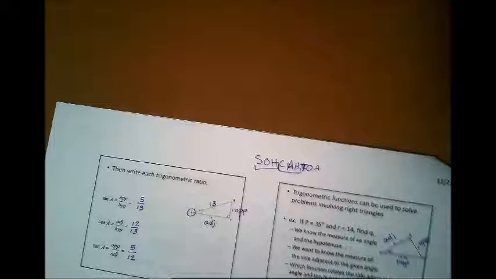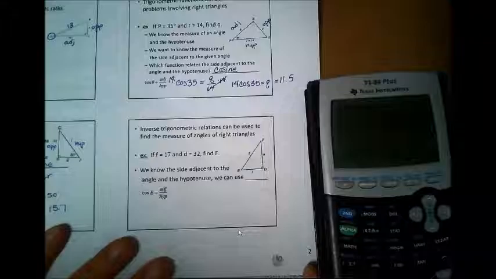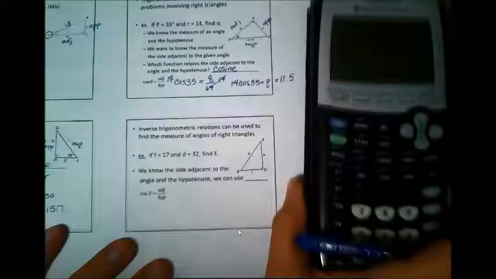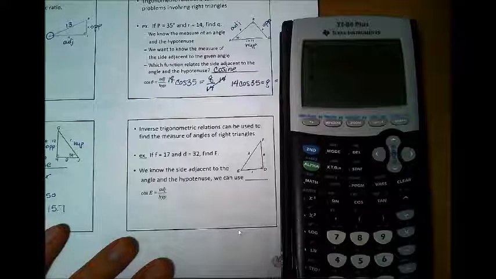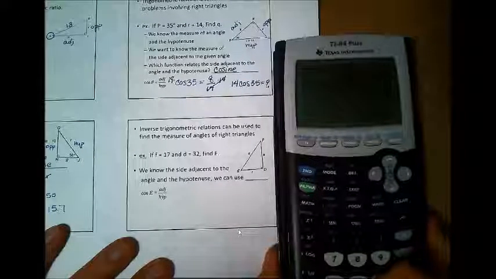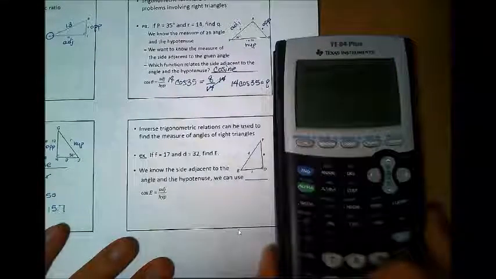All right, let's try another one. Inverse trigonometric relations can be used to find the angles of right triangles. This gets a little bit confusing, but hopefully not too bad.